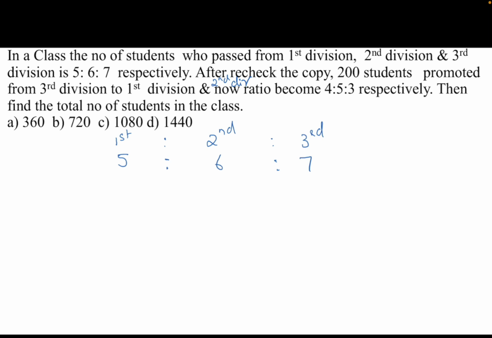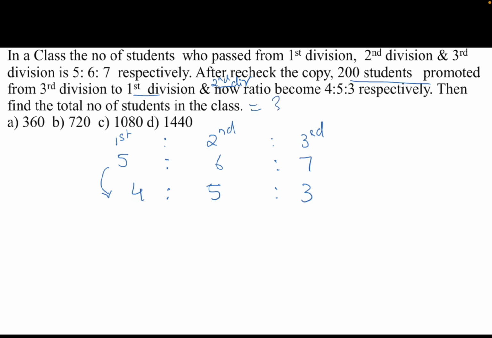So after that the ratio became 4:5:3. Then they are asking the total number of students in the class.